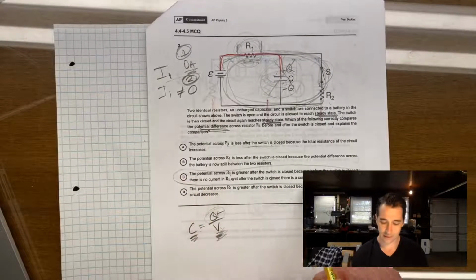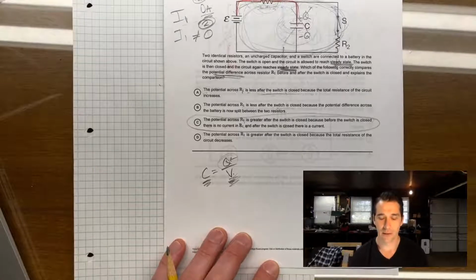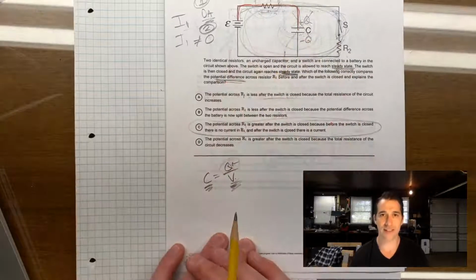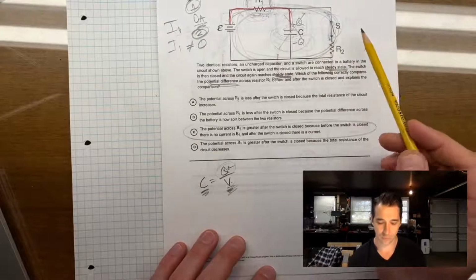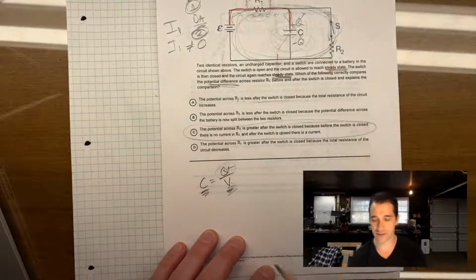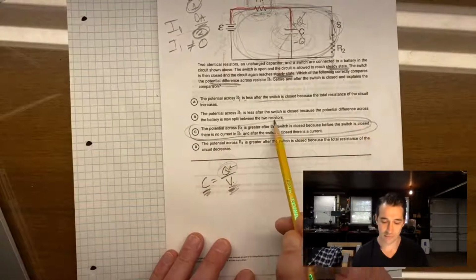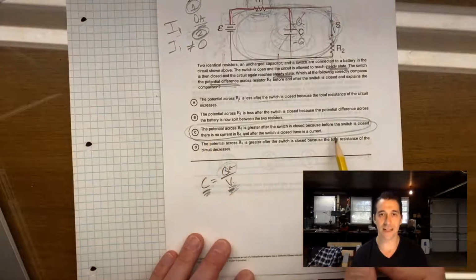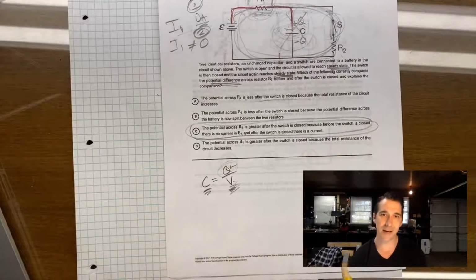So actually, I want to point this out because this is a really good test-taking strategy. If you didn't know the things that I was talking about and realizing that there's no current at certain times and other times, they're actually, in their explanation, you would be able to read this, and if you really understood what it was saying, you might say, oh, I wasn't thinking about that. I forgot.